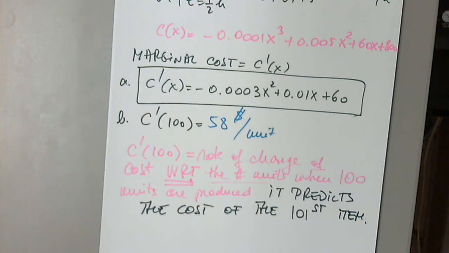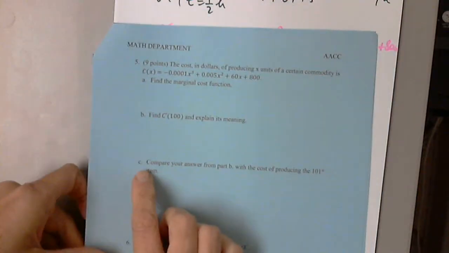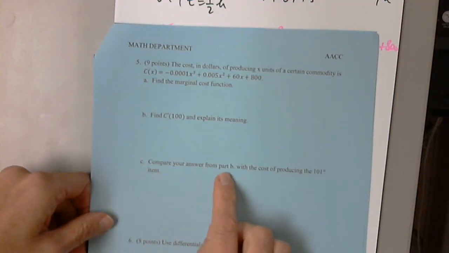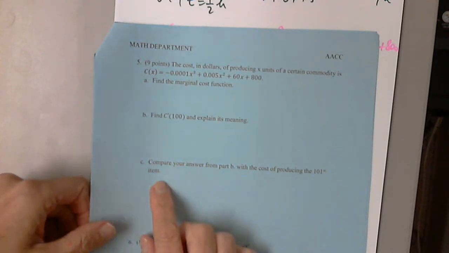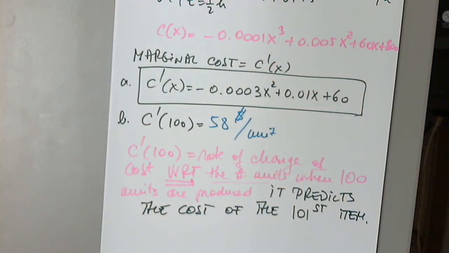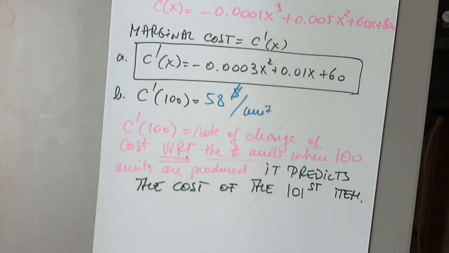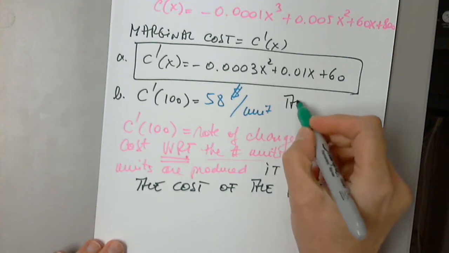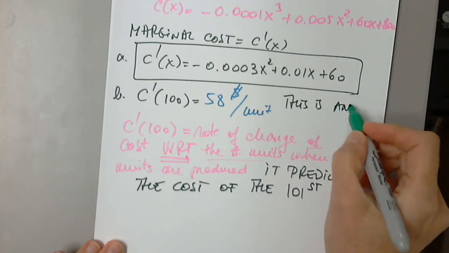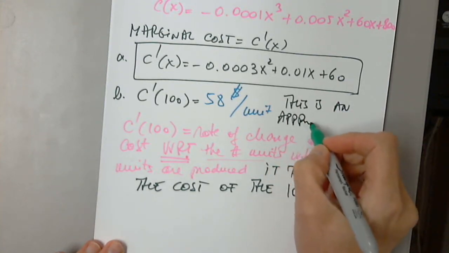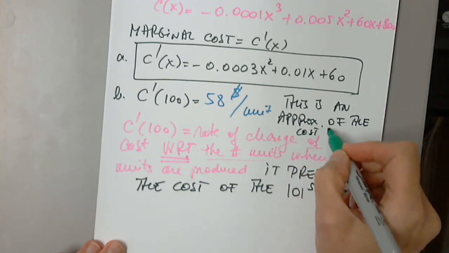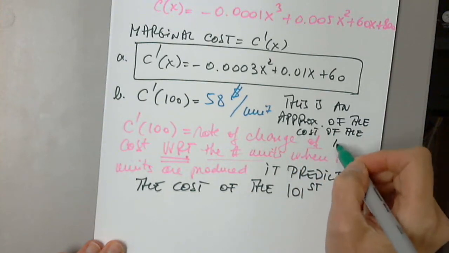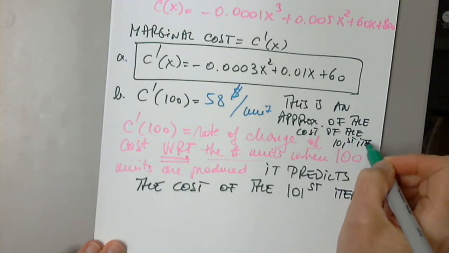And that's what the third question, part C, is all about. Compare your answer from part B with the exact cost of producing the 101st item. So let me say one more thing before we go to part C. This is an approximation of the cost of the 101st item.